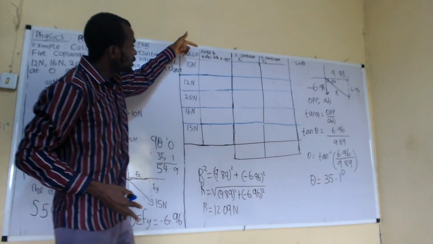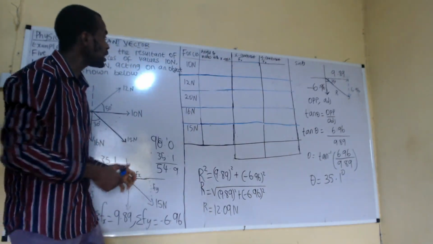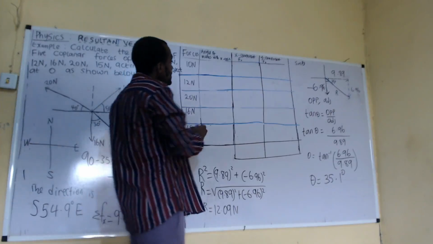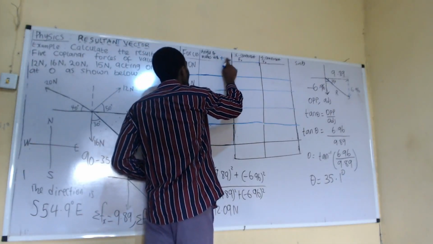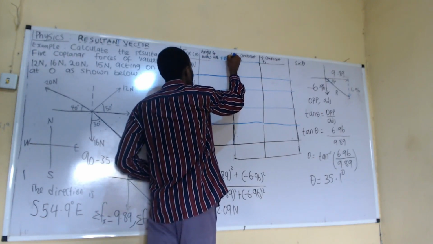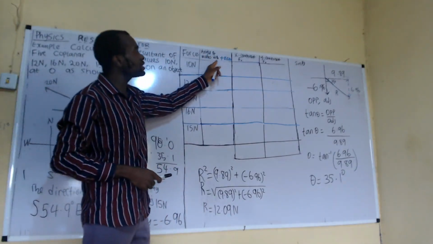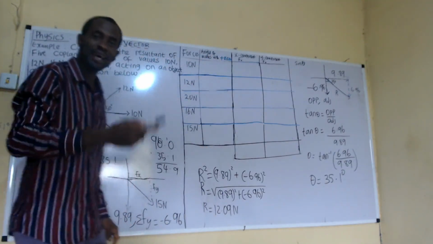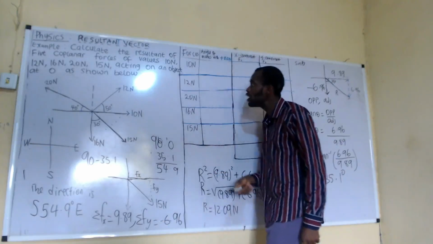So instead of angle theta makes with x-axis, it will now be angle theta makes with positive x-axis. So this is another way of choosing your angle.